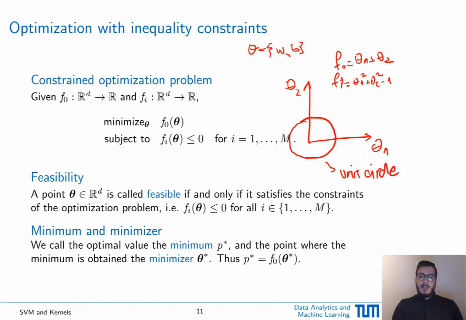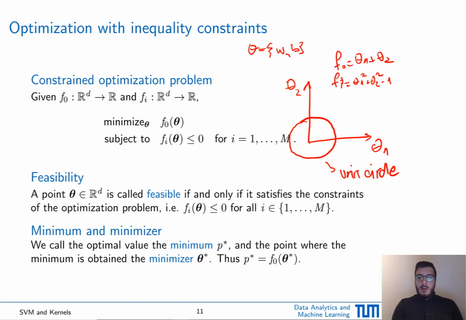Okay, so now if we're trying to minimize the function f0 subject to this constraint f1, all of the points which lie outside of this unit circle are not feasible, which means they're not a valid solution, and we only have to look at the points inside the unit circle, or only the points that satisfy the constraint.